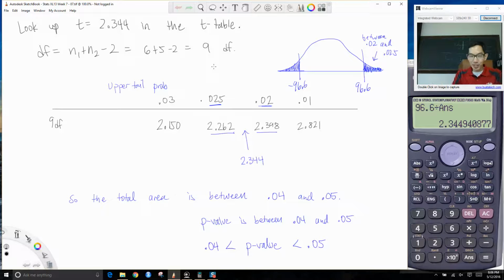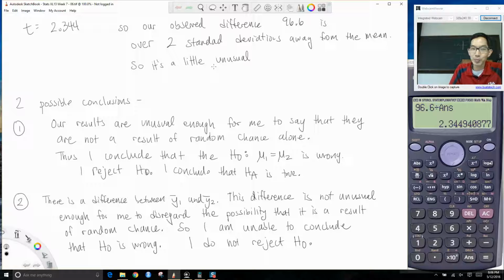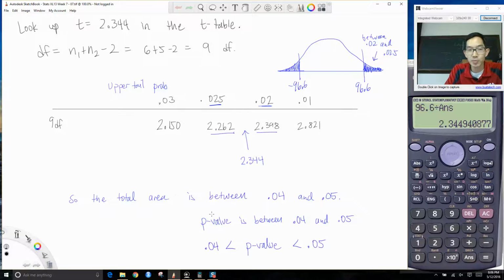Okay, so what do we conclude? Well, basically, if your p-value is small, you conclude this one. And over here, if your p-value is large, you conclude this. That's actually probably worth its own slide.